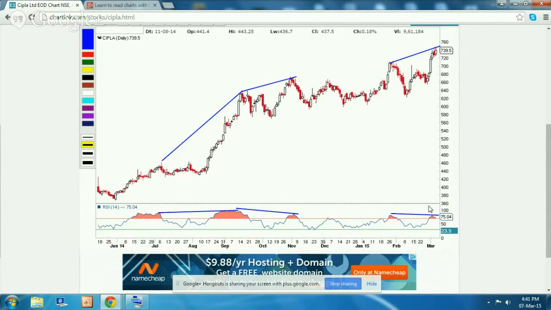Now, in conclusion, we have picked up findings using different tools. Let me summarize. Using the peak and trough method, we said this is an uptrend. Using trend lines, also it is an uptrend. It is a channel break. That is also something positive.